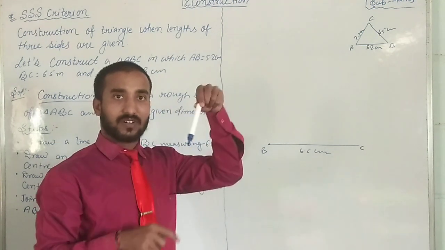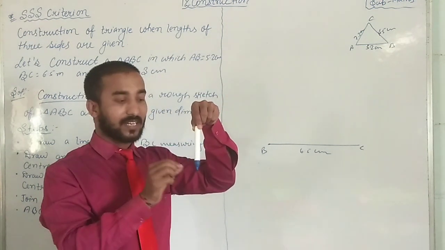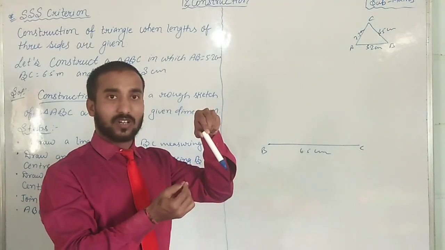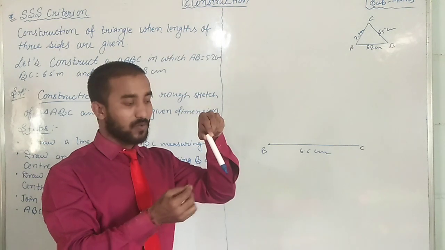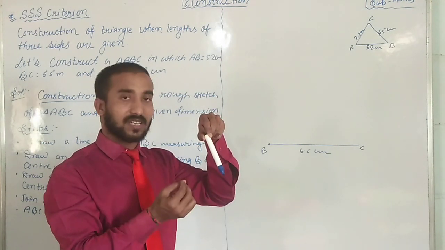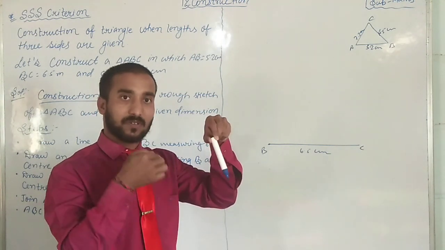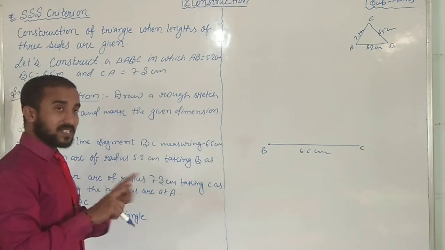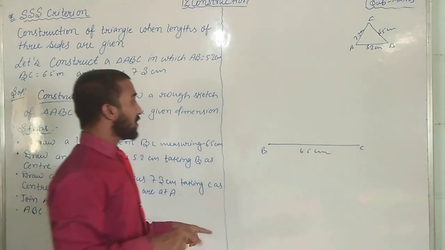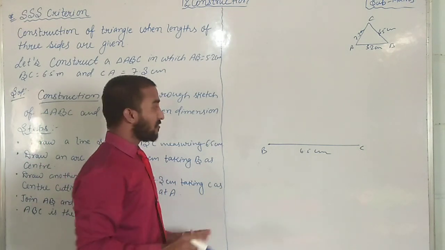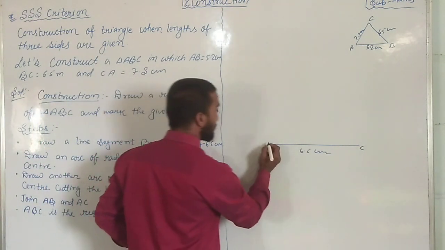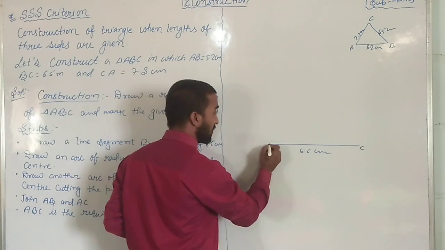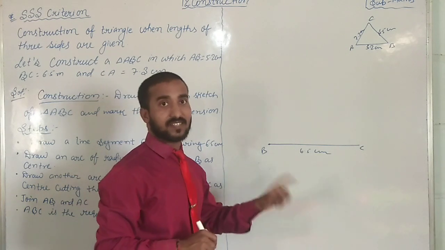This is the pointer of the compass. The downside is the needle, and this side is your pencil. So between the pencil and the needle the space will be 5.2 cm, measured with the help of the ruler. Now what you have to do is keep the pointer of the compass on B, because we are considering B as the center.